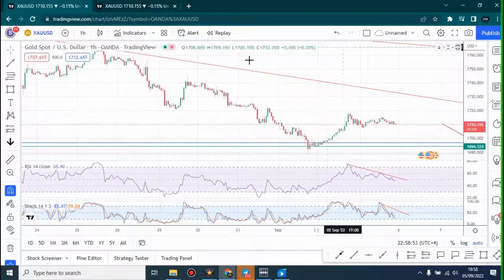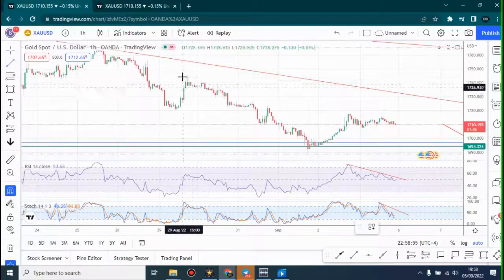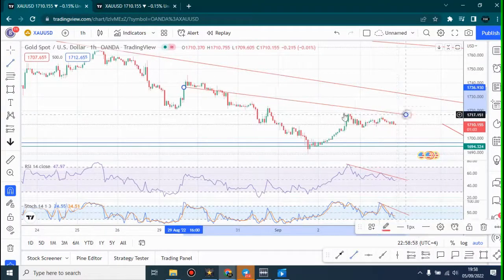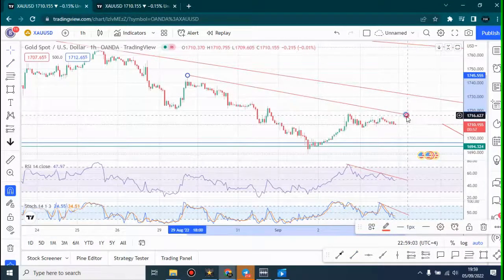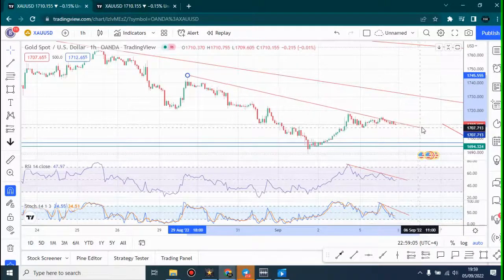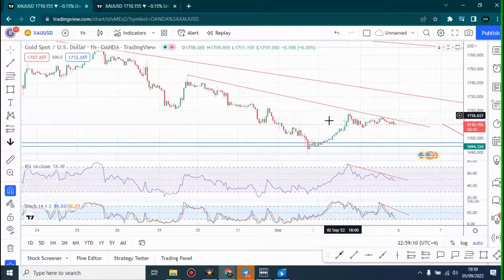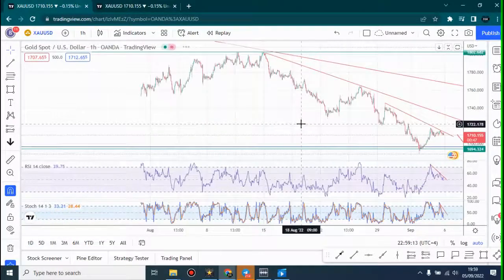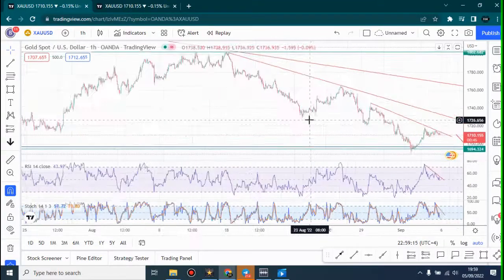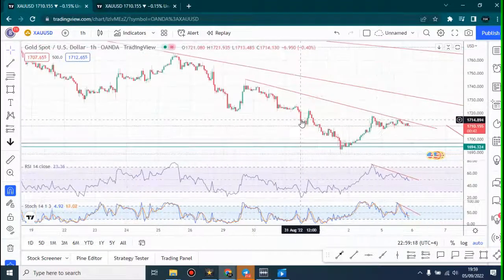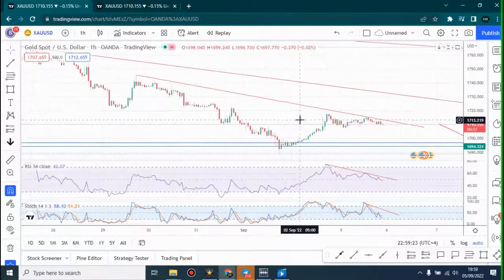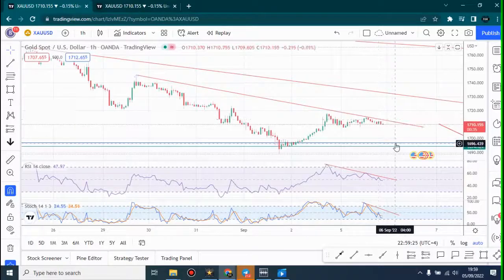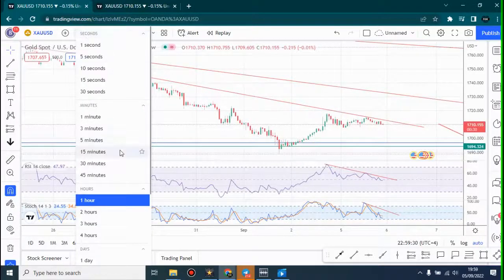But as you can see right now, price action is bearish. As we can draw more lines, we can see that price is bearish based on the 1 hour time frame, going to the 4 hour time frame, and also on the daily time frame and the weekly time frame. So we still have some bearish momentum in the market, so hopefully price is going to break and fall back down to this zone.